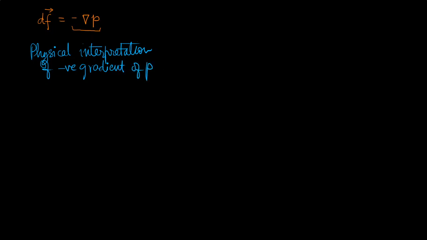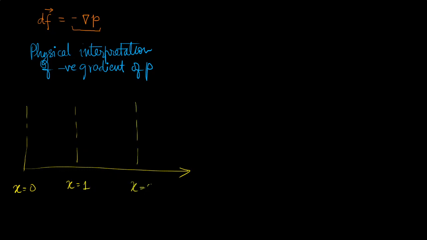Let us consider a simple one-dimensional problem. So this is the x-axis, and suppose this line is x equal to 0, this line is x equal to 1, this line is x equal to 2, and this line is x equal to 5.